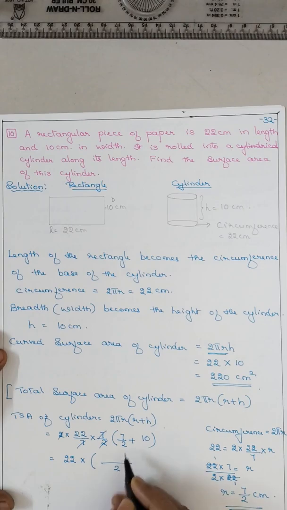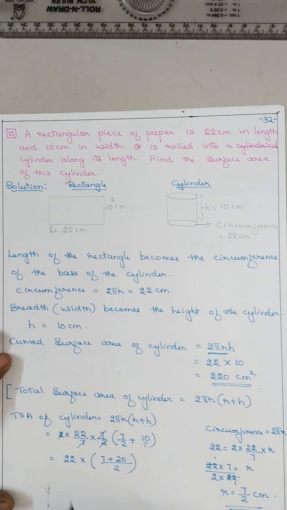The denominator, the LCM, stays the same, so the numerator stays as it is. Here the denominator 1 comes, so 1 2 is 2, 10 is 20. So here 22 into 27 upon 2. 2 1s are 2, 11s are 11, 7s are 77. 11 2s are 22 plus 7, 29 centimeter square.